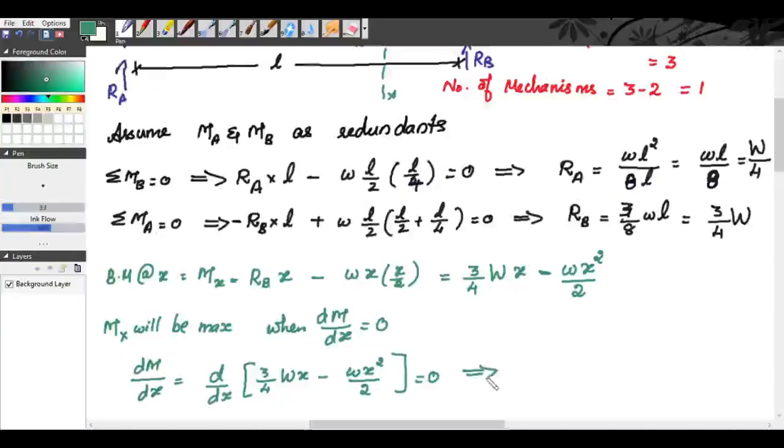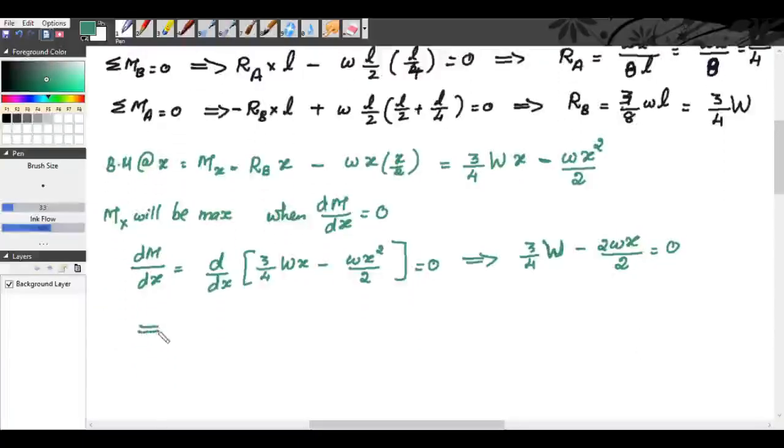So what we get is, differentiating this with respect to x, 3 by 4 w minus 2wx by 2 is equal to 0.